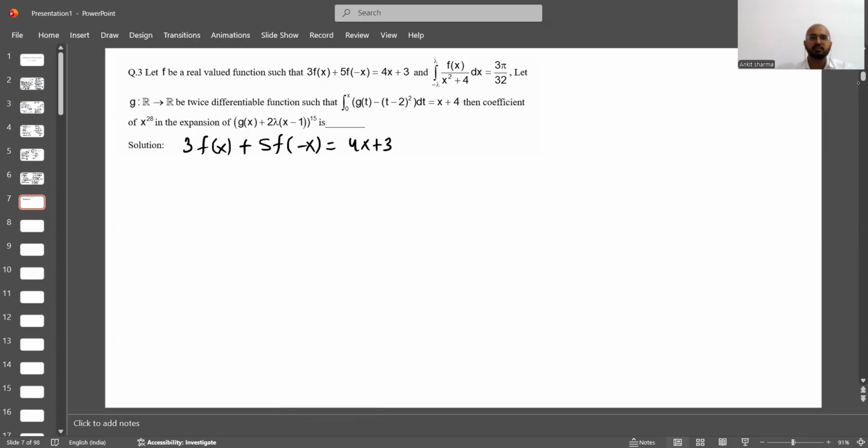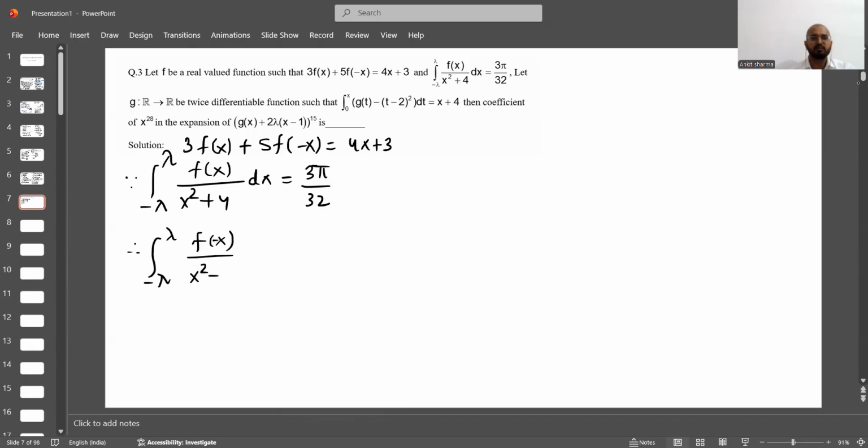So I'll just attack this one first. Since integral from minus lambda to lambda, I have f of x over x square plus 4, this is equal to 3 pi by 32. So again I can apply King's. So minus lambda to lambda, f of minus x I'll be having, and then over x square plus 4 dx will be equal to 3 pi by 32.